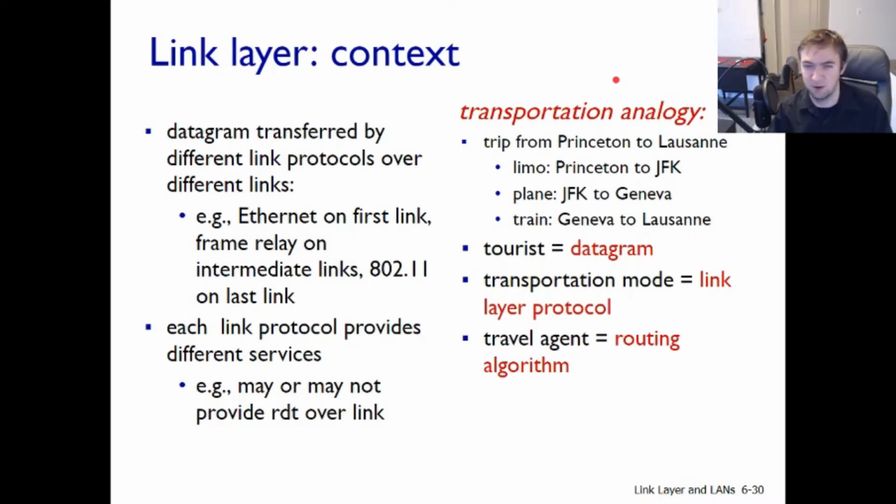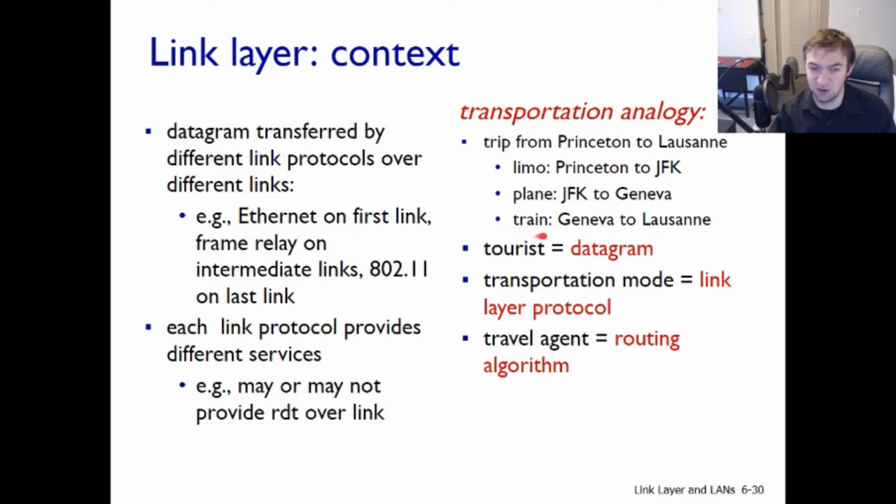One way to think about this is akin to taking a trip from Princeton, New Jersey to Lausanne, Switzerland. It's very unlikely that you're going to have just one link that takes you straight there. You might have to take your fancy limo from Princeton, New Jersey to JFK Airport. From JFK Airport, you take a plane to Geneva.